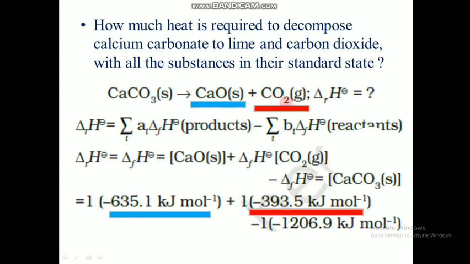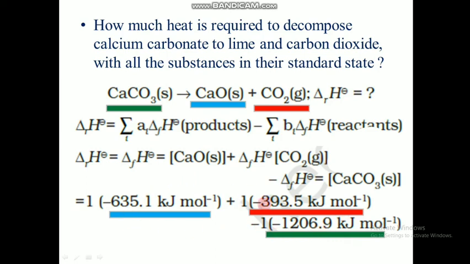So to form CO2, the enthalpy of formation is negative 393.5 kilojoules. So it is also an exothermic reaction. Summation of this minus 1 into that of the reactant. So to form CaCO3 from its elements, it needs negative 1206.9 kilojoules per mole of energy. It is also an exothermic reaction.